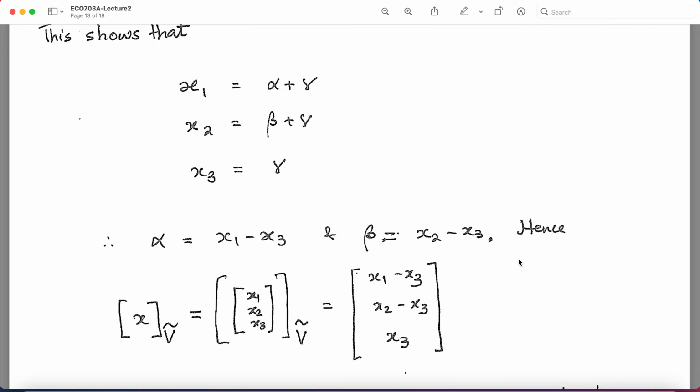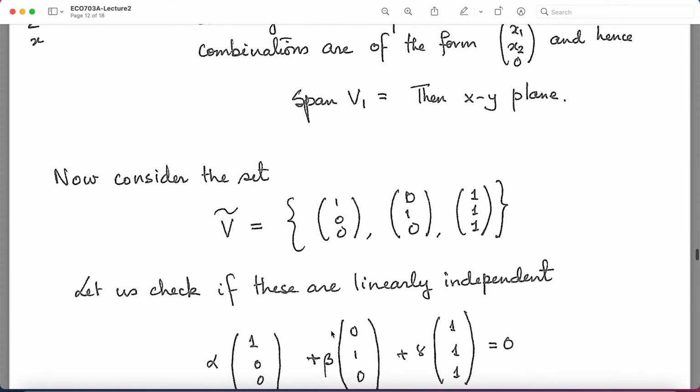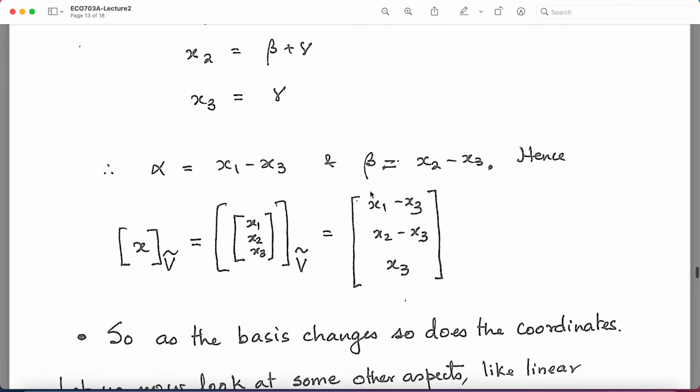So, once given x1, x2, x3, my alpha, beta, gamma are known. So, the vector x, which is given by the coordinates x1, x2, x3 in the canonical basis, under the basis v tilde, where 0 0 1 is replaced by 1 1 1, has the coordinates x1 minus x3, x2 minus x3 and x3.